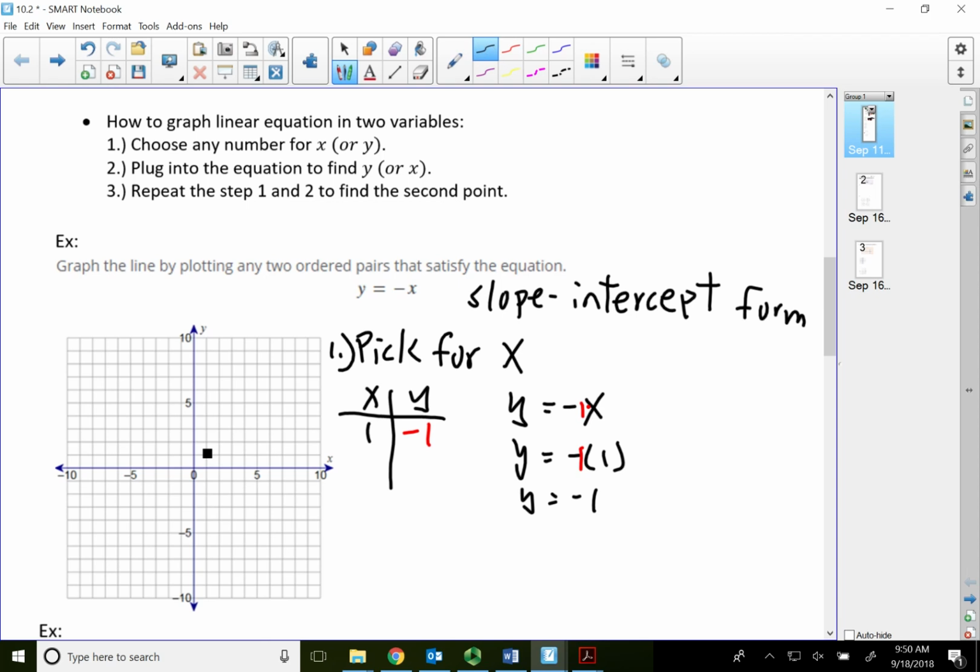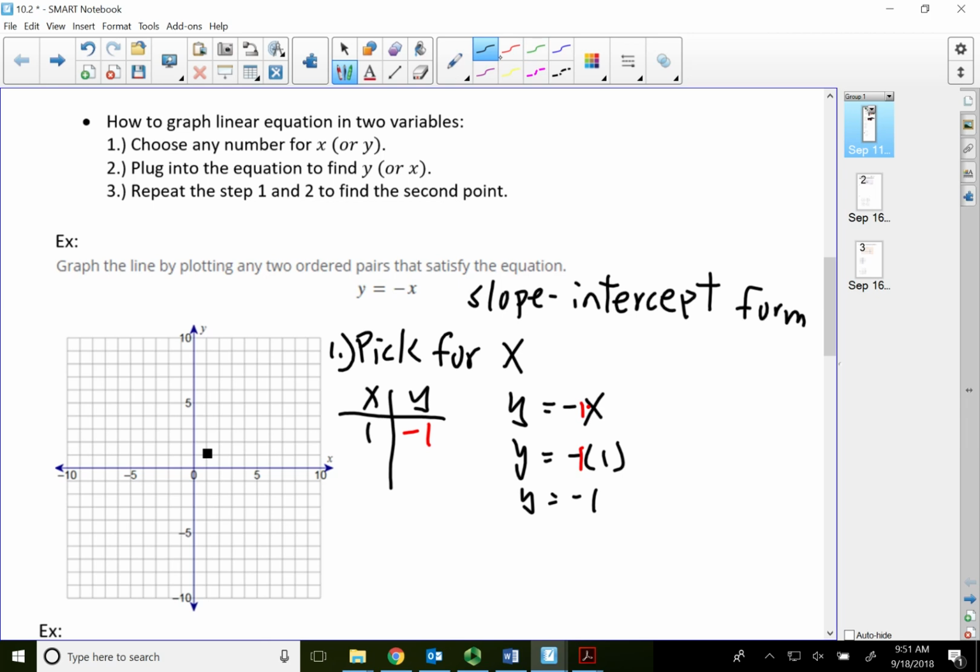Pick any number you want, as long as it is within negative 10 to 10 for the x direction and the y direction. Whatever missing coordinate you are finding needs to be an integer between negative 10 and 10 as well, because right now I cannot plot any decimals or fractions by hand.